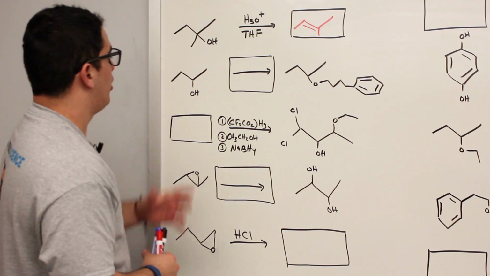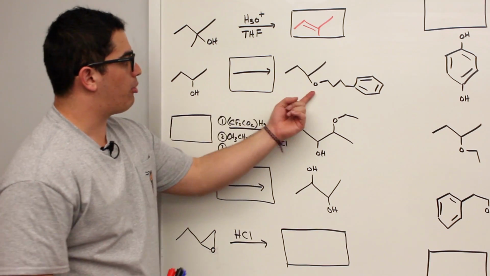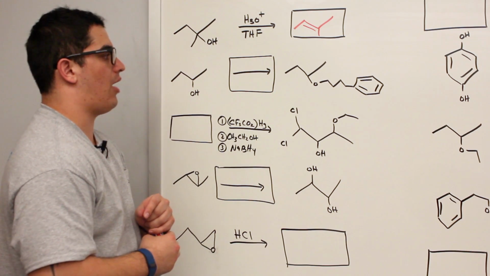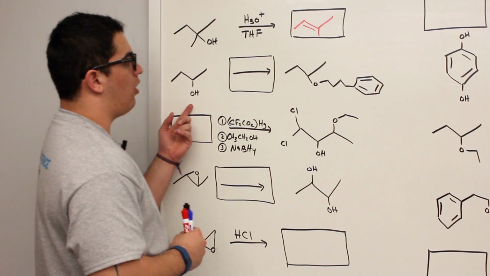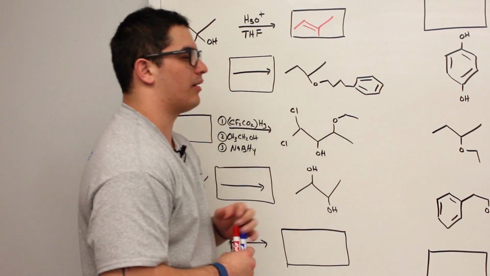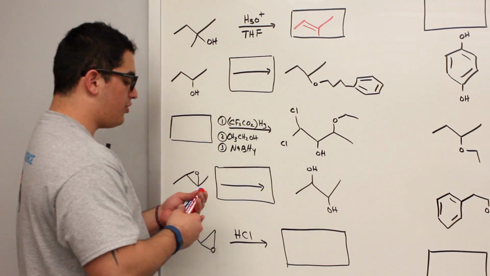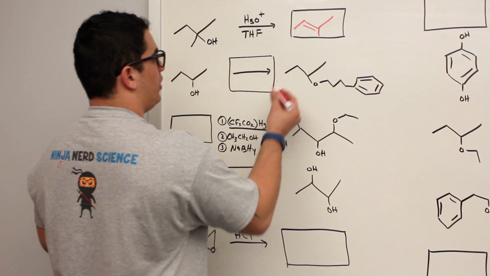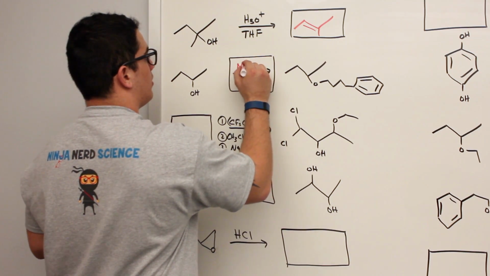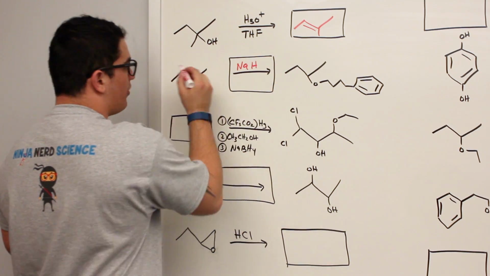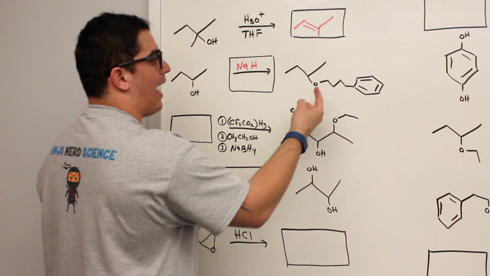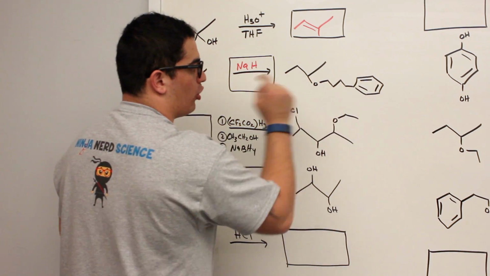All right, next one. We have an alcohol and a product, and we have to guess the reagent now. I got an alcohol and I turned it into an ether. Wasn't that the Williamson ether synthesis? It was. So what did you need for a Williamson ether synthesis? You need sodium hydride, because that will remove that hydrogen ion, and then you have to add on an alkyl halide with the bromine at the end.